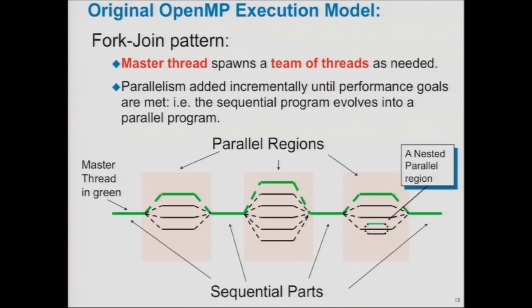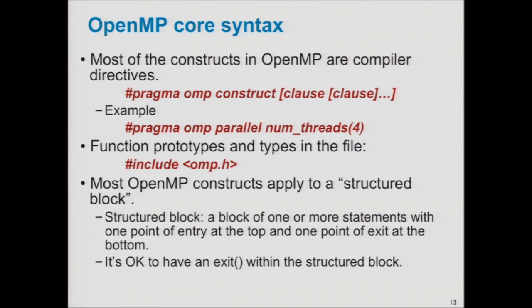You could be going along in one of your threads and decide, I actually have even more work, and I want to have more threads work on it, so I'm going to create another parallel region within that parallel region.